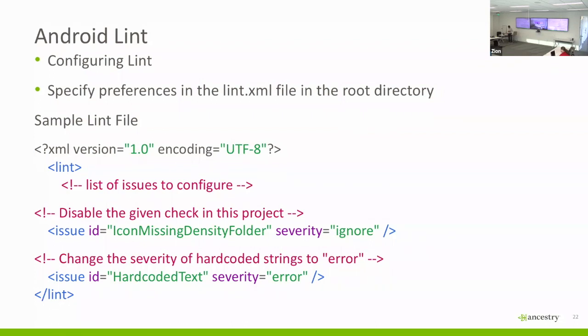As you see in the sample file, I have the icon missing density folder error, and I can set the severity to ignore, and this error doesn't pop up anymore. Or I can say, make this error an error, which means the build will fail. So this is where I would place my preferences for lint checks in the lint.xml.